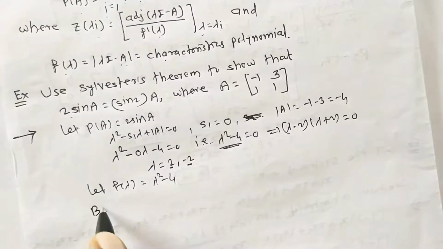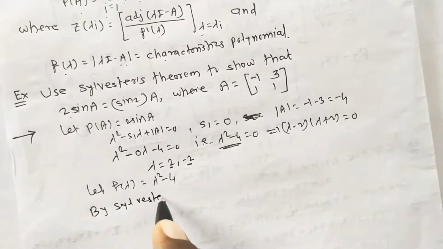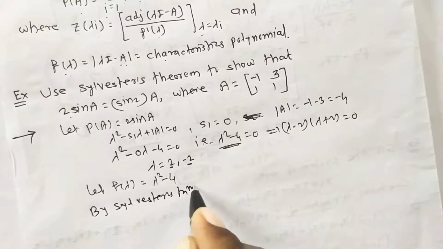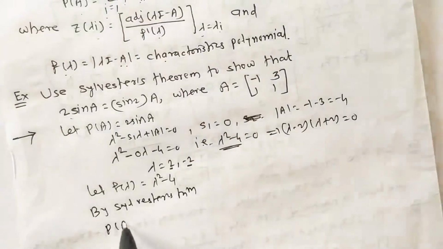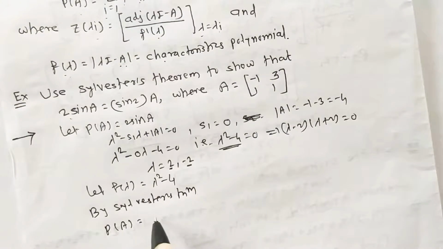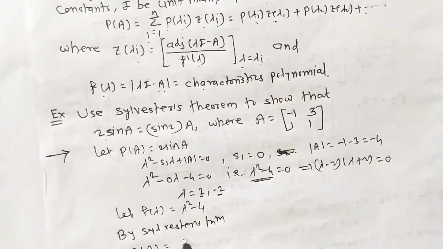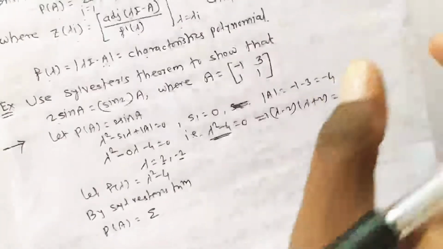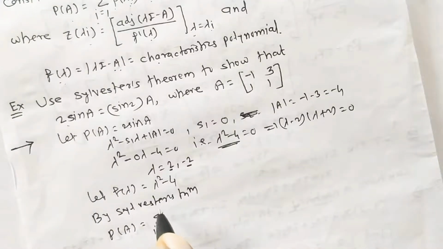So by Sylvester's theorem, we have to find the value of P of A. P of A is equal to the summation of P of lambda I Z of lambda I, where I varies from 1 to 2.